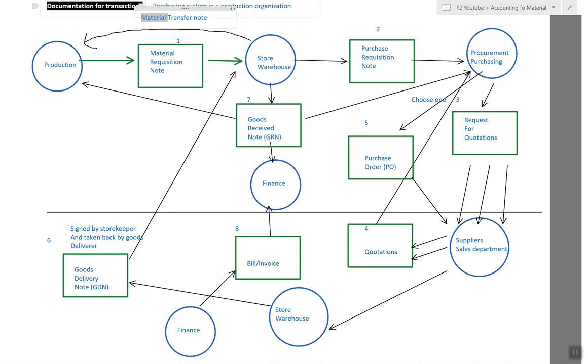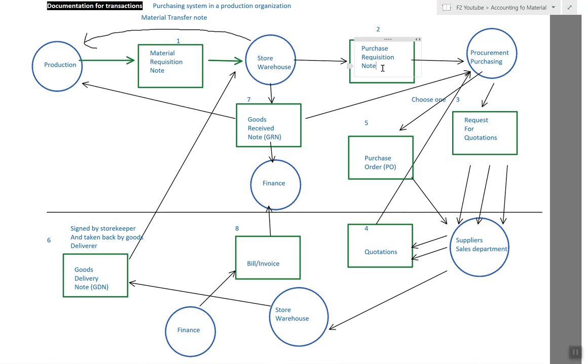So they prepare a document called purchase requisition note. They send it to the procurement or purchasing department. Now the procurement or purchasing department is a department specific for purchasing things. They have expert people working in that department.